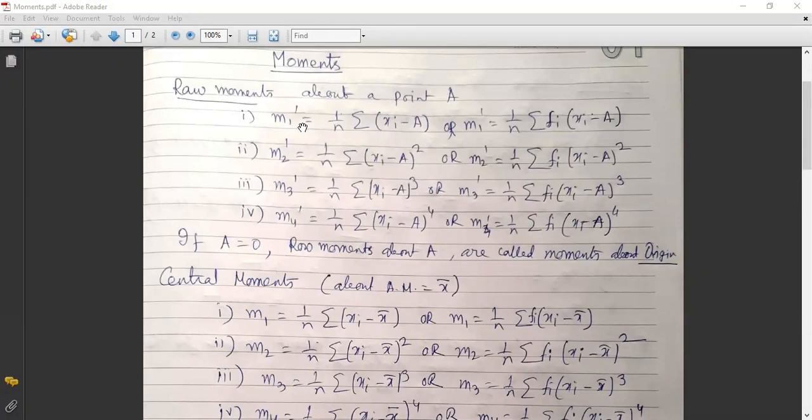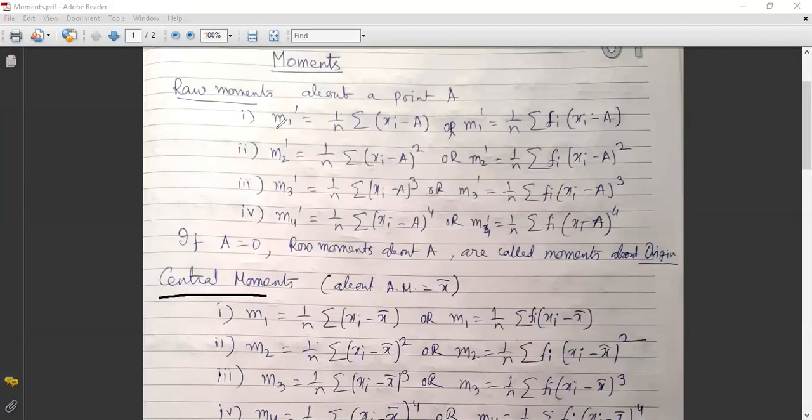Moment is quite simple. Two types of moments are in general. One is called raw moment, and another is called central moment. What is raw moment?